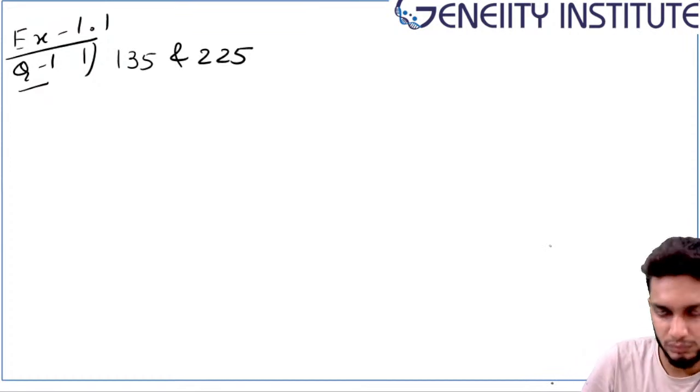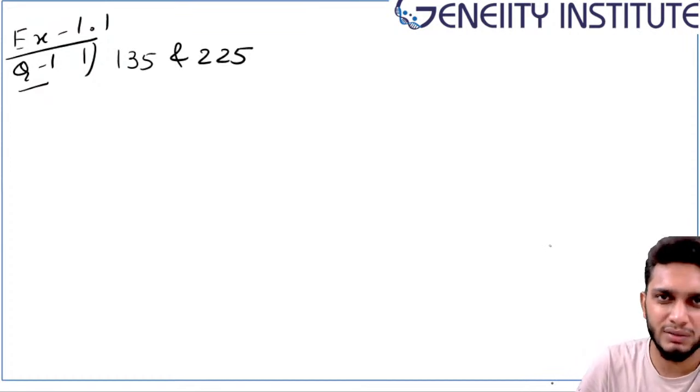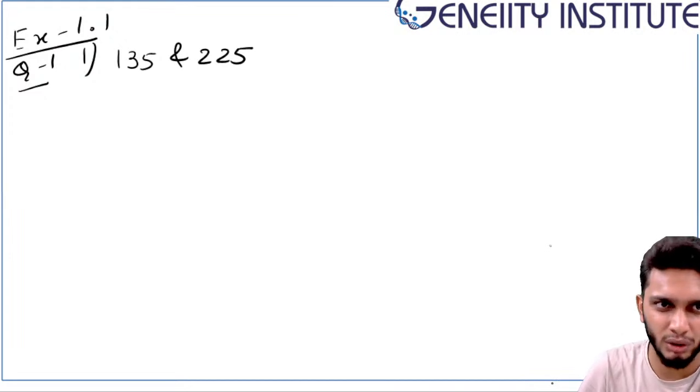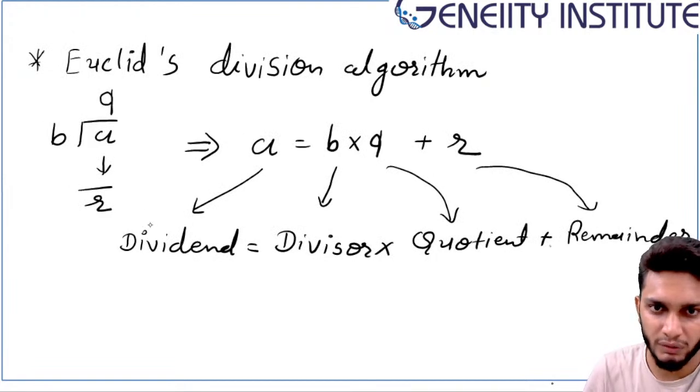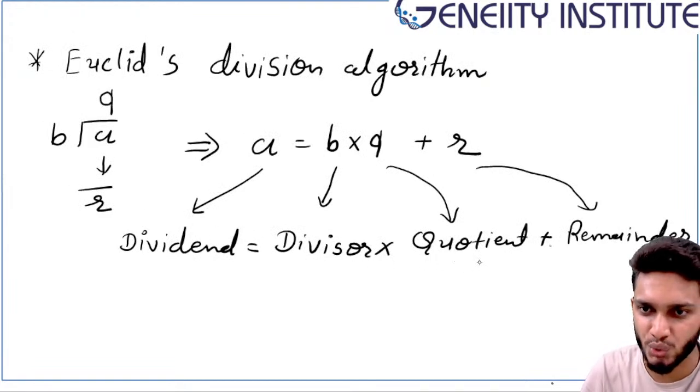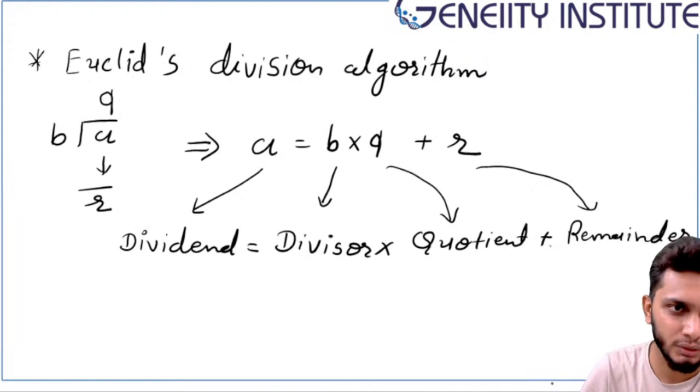So how can we find it? You know that we divide the larger number by the smaller and write it in this form: dividend is equal to divisor into quotient plus remainder.